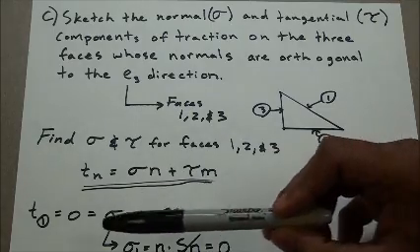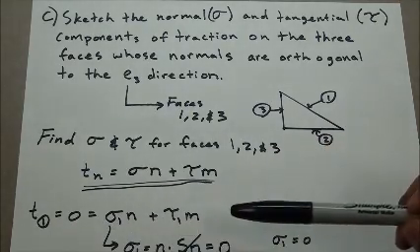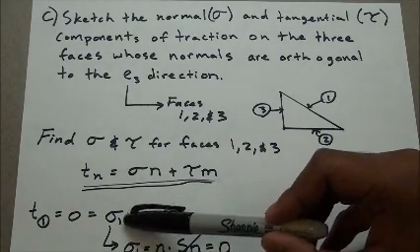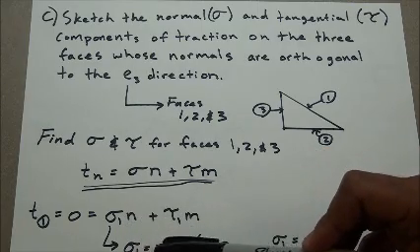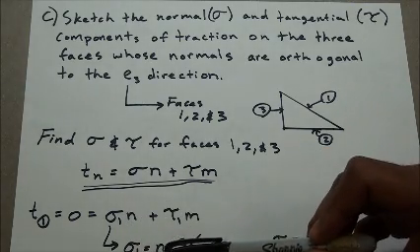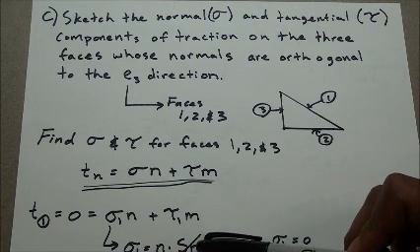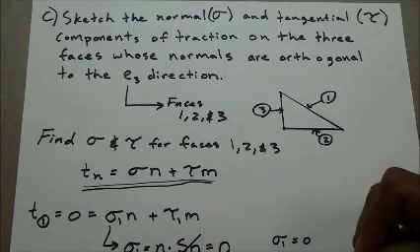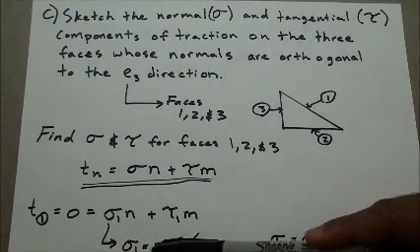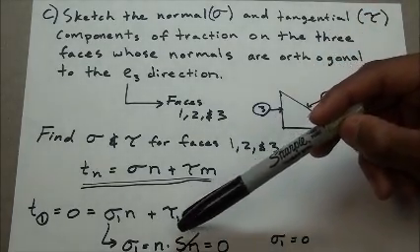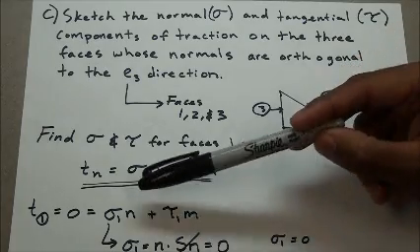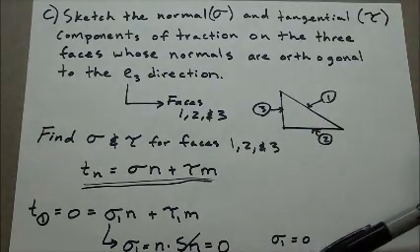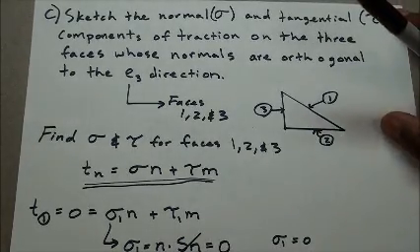For face 1, the normal component of the stress was equal to 0 from our boundary conditions, so the value of the normal component was 0. Plugging this back into the equation shows that the shear also has to be 0. So both the normal and shear were 0.